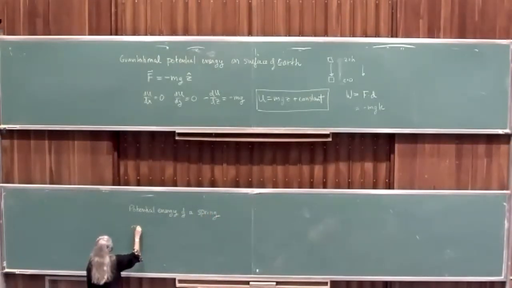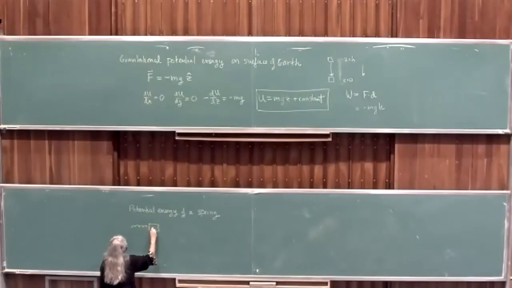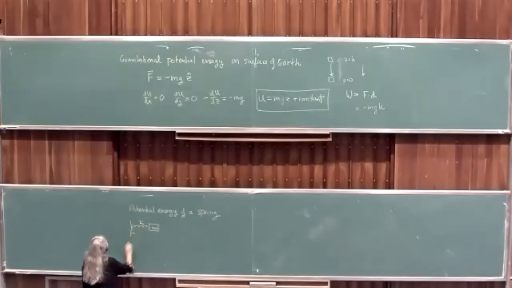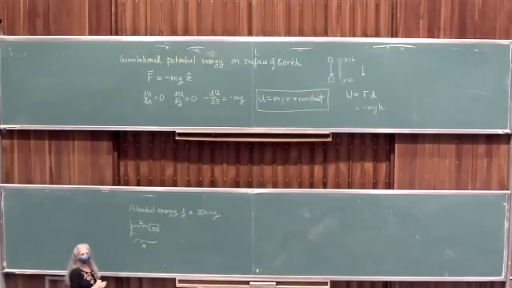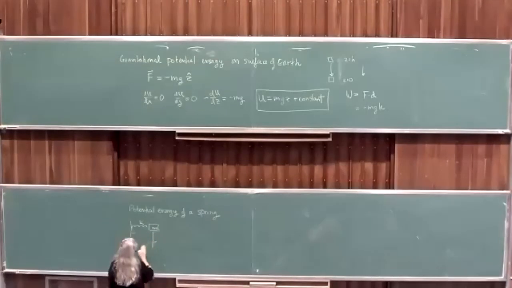Here we have a spring, mass M, spring constant K. This distance was a displacement from the rest position, so let's call this X. This is the rest position.